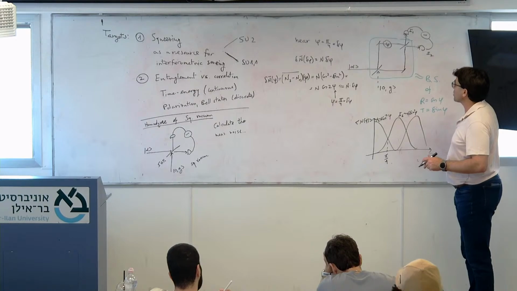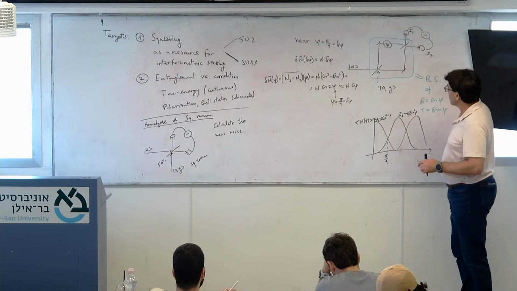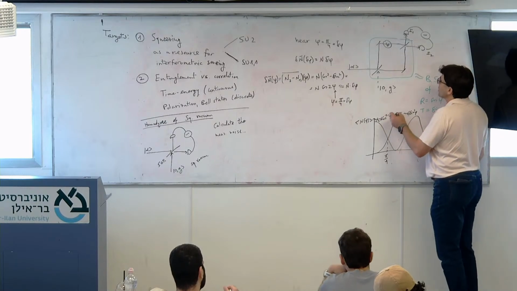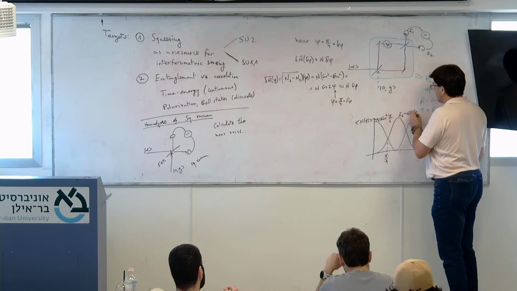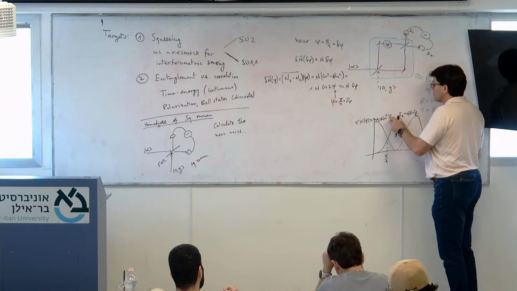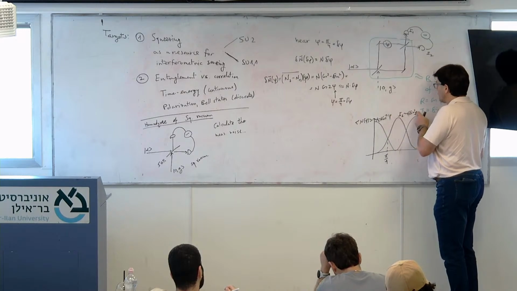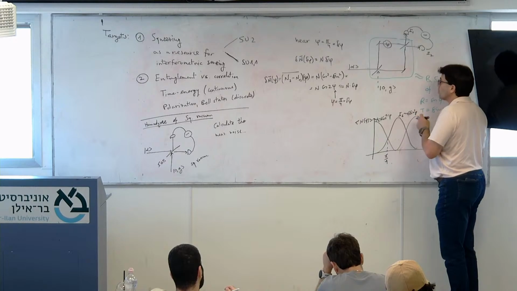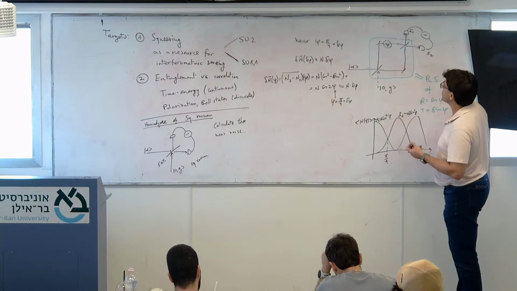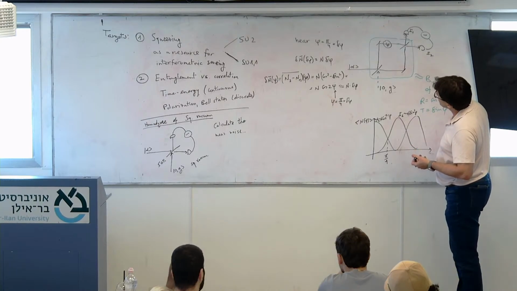Now, am I accurate? Maybe there's a factor of 2, but I think that here I missed another factor of 2. So I think it should have been this. Well, the definition of phi is open for discussion.